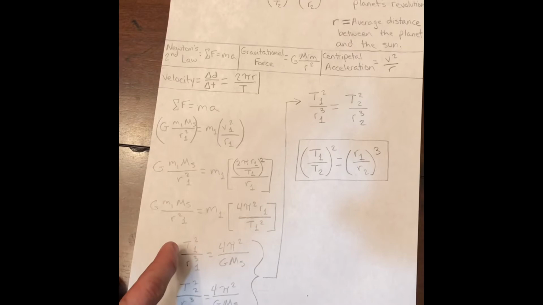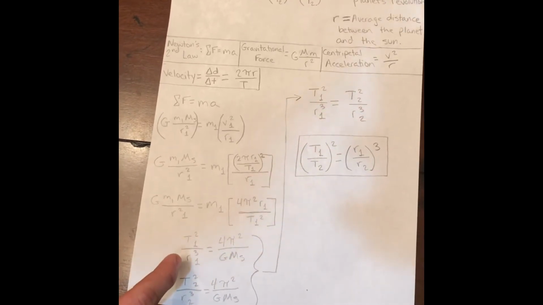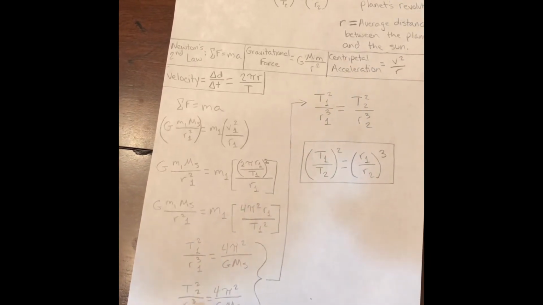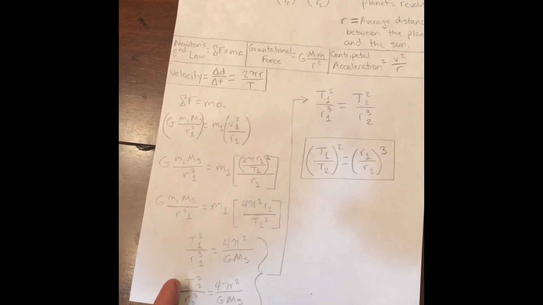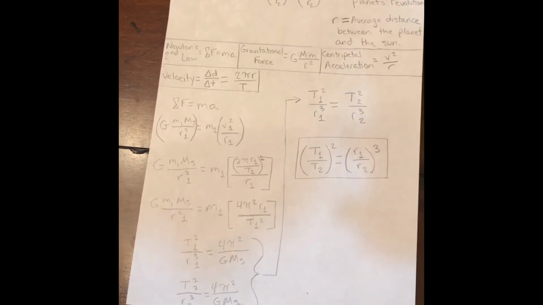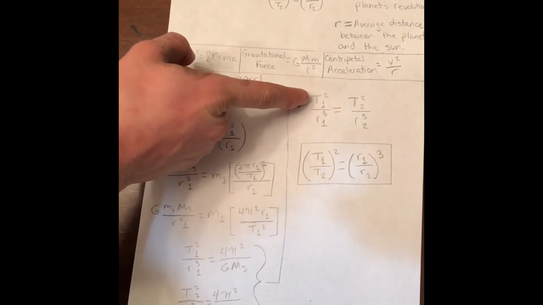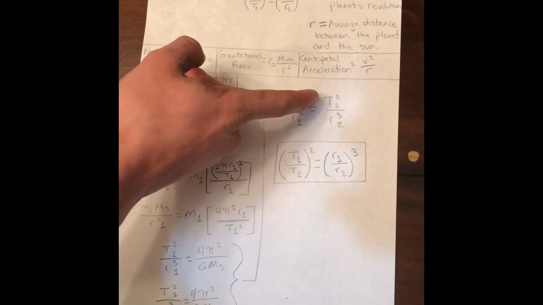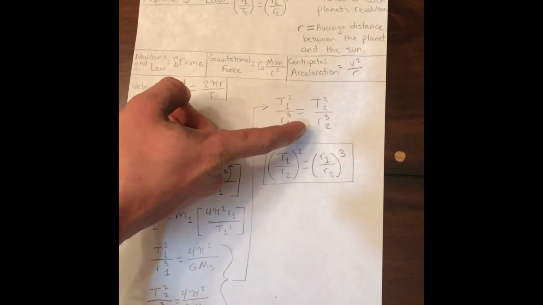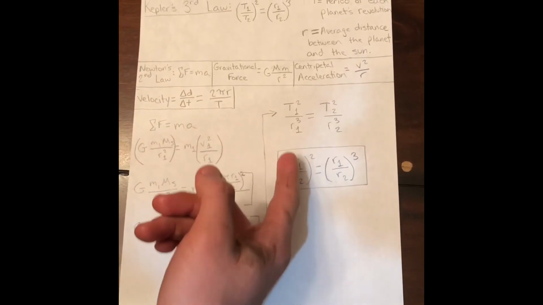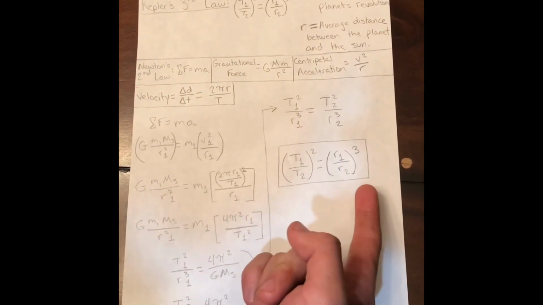Now, since this ratio between the planet's period and the planet's average distance from the sun equals this, we can assume that a second planet's ratio of its orbital period and its average distance from the sun equals the same thing. Therefore, T1 squared over R1 cubed equals T2 squared over R2 cubed. And after rearranging that equation, we get Kepler's third law equation.